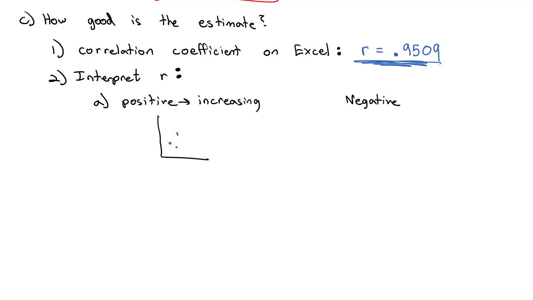I might have some dots, but when I draw the line of best fit there, it's going to be positive, going uphill and increasing. That means the R will be positive. In the negative case, if the dots did something like this, and I drew the line of best fit through them going down, that would make the R negative because it is decreasing.